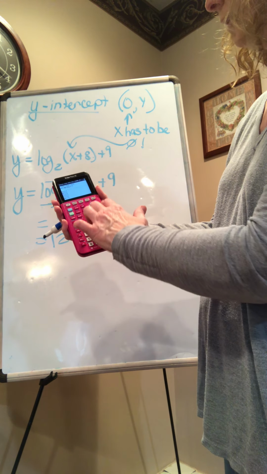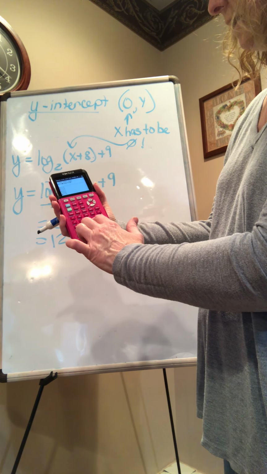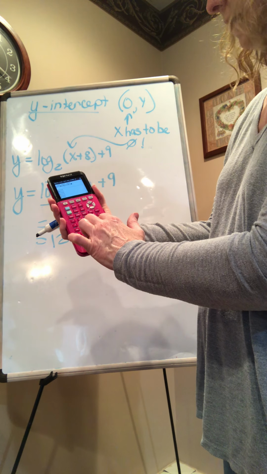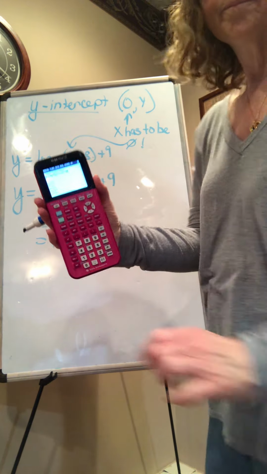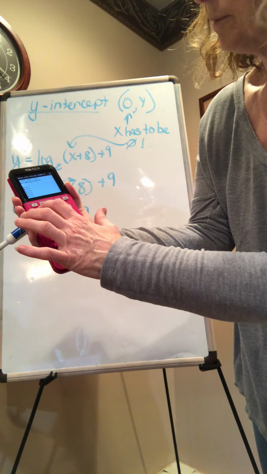Log base 2 of x plus 8. Jump out of that and hit plus 9. And then, so now you have that all typed in. And then you have to go to the table.